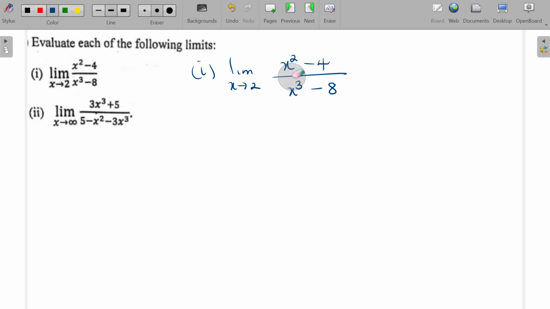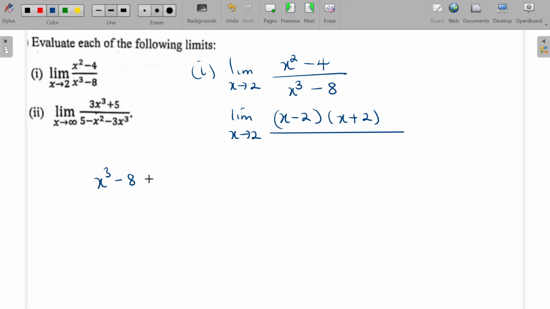In this case, if you factorize the one on top, you have the limit as x approaches 2, x minus 2, because it's a difference of two squares, and then you're going to have x plus 2. Then at the bottom here, you have x to the power 3 minus 8, which is a polynomial.